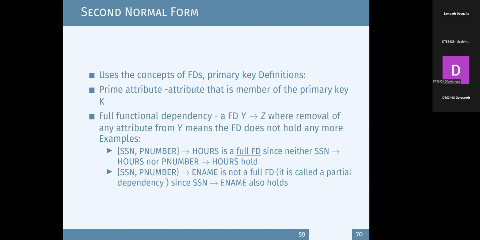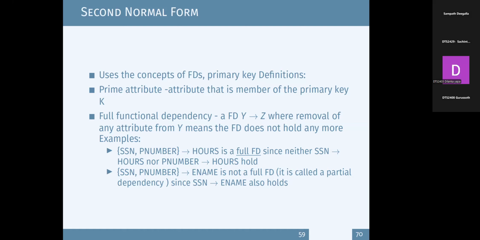What is functional dependency? We discussed that when you have unique values in one particular attribute, and you see the same unique values for the other columns, then we can functionally determine one from the other, right? In this particular case, second normal form, we talk about primary key definitions, right?